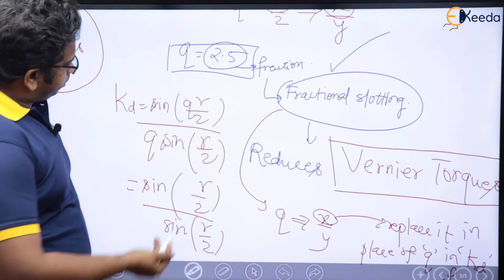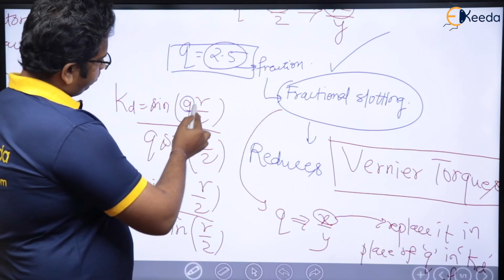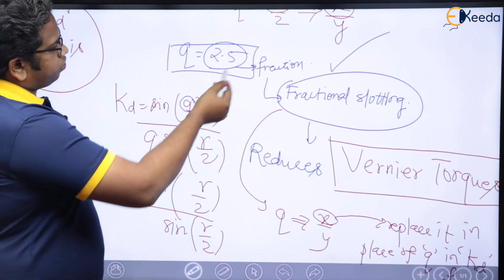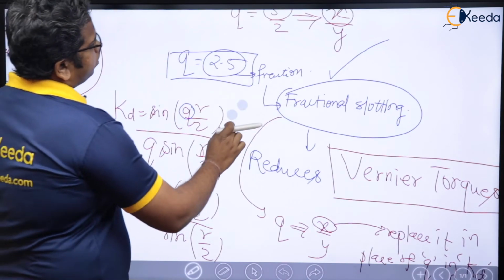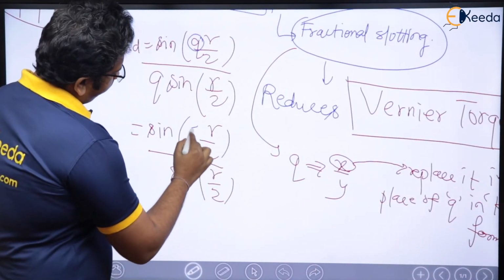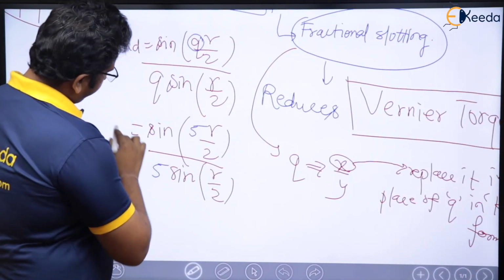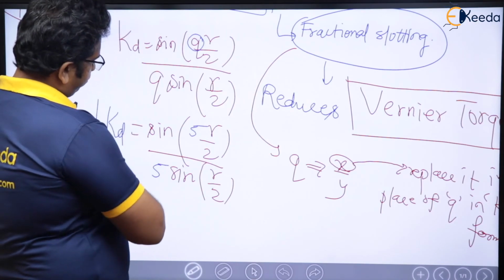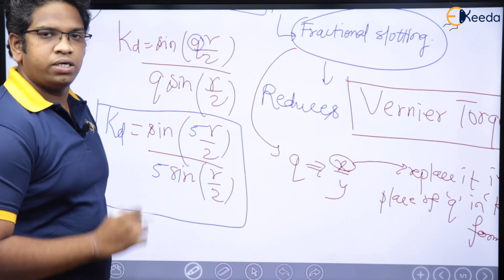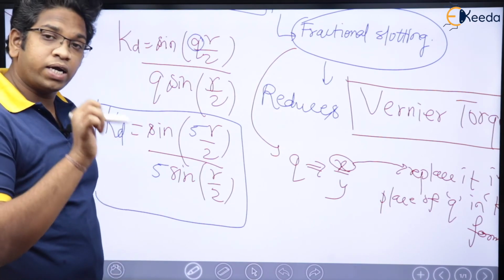What are we supposed to do? Just replace this Q by x. X is the numerator, and here x is equal to 5. So just replace Q by 5. This is KD. This is how you have to calculate distribution factor for fractional slotting.